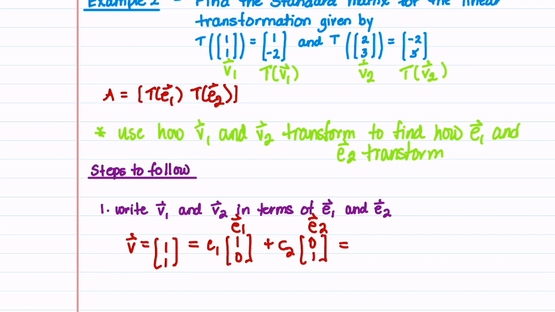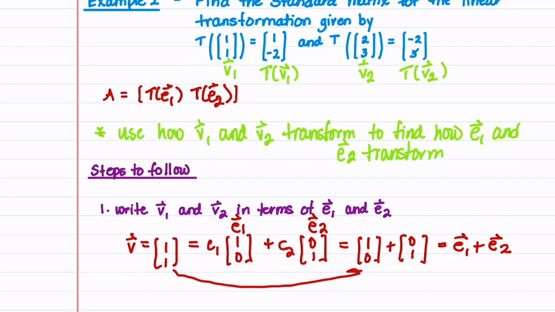This is going to equal 1, 0 plus 0, 1, because we need to make it equal to 1, 1. And these vectors are e1 plus e2. I wanted to go through a lengthy explanation of this, but in practice, you can go right from this vector to this set of vectors by just breaking it apart into its components.